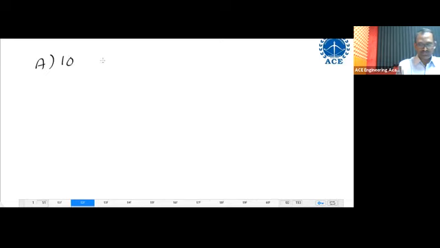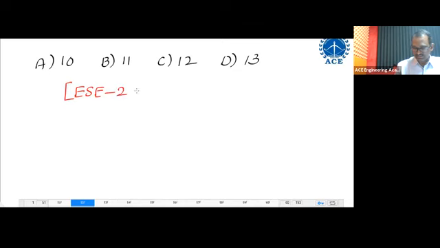Option A 10, option B 11, option C 12, option D 13. It was given in Engineering Services Examination 2019 prelims.